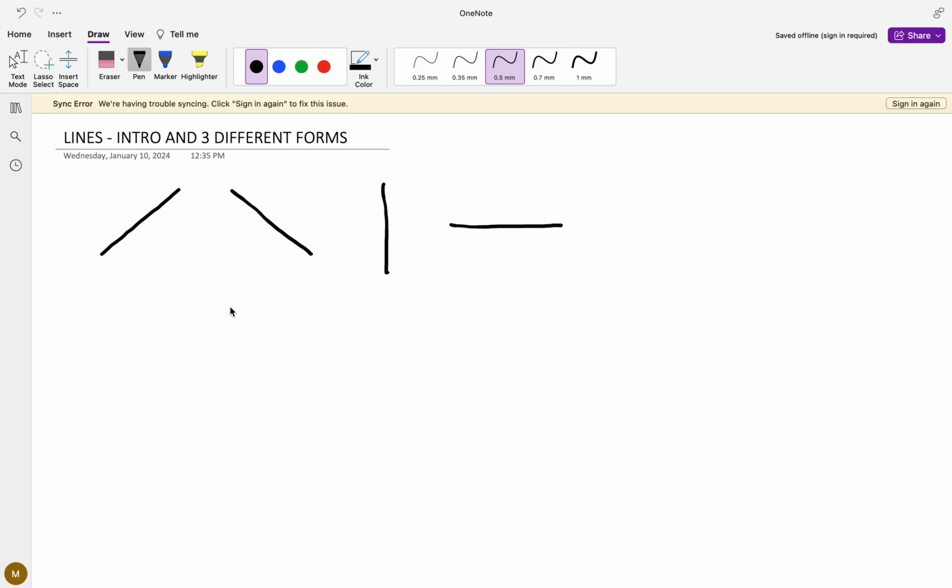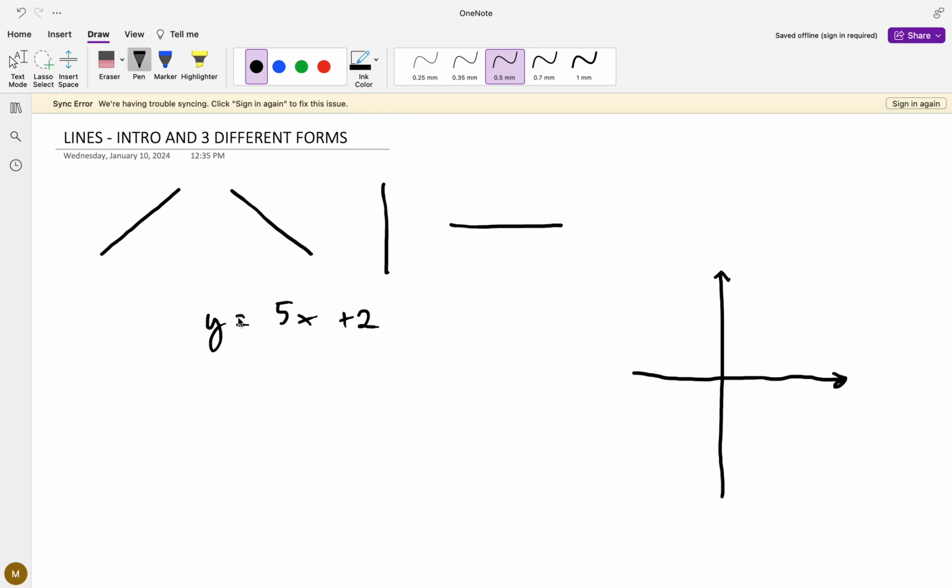So we worked with linear equations where we had y equal to 5x plus 2, for example. And we also covered the coordinate plane, and how to draw lines in the coordinate plane.